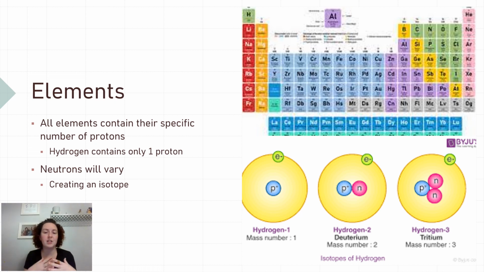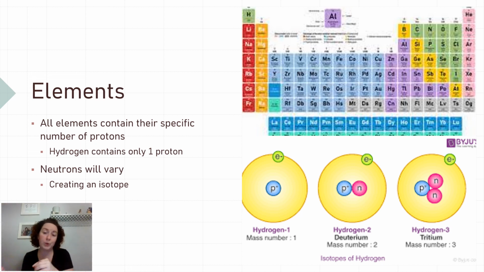So isotopes are essentially the same element with more neutrons. You have hydrogen 1 with a mass number of 1. Then you have hydrogen 2, or deuterium, which has a mass of 2 because you have a proton and a neutron within the nucleus, but you still only have 1 electron and 1 proton. Then you can take it one step further and have hydrogen 3, where you have 1 proton and 2 neutrons in the same nucleus.